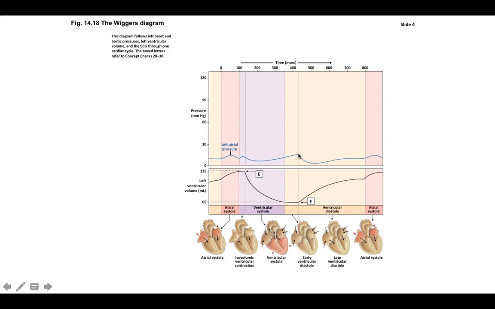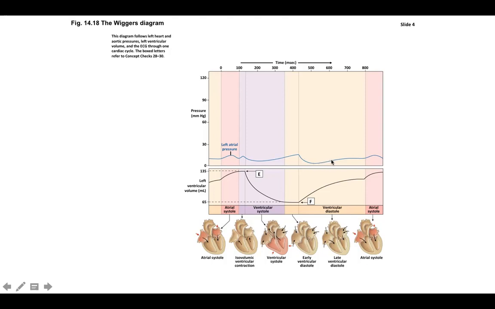Eventually, when the atrioventricular valves open again during ventricular diastole, where blood passively fills into the ventricle, you're losing volume in the left atrium. And so that volume is going to decrease in the left atrium, and you're going to decrease the pressure in the left atrium because there's a decreased volume.